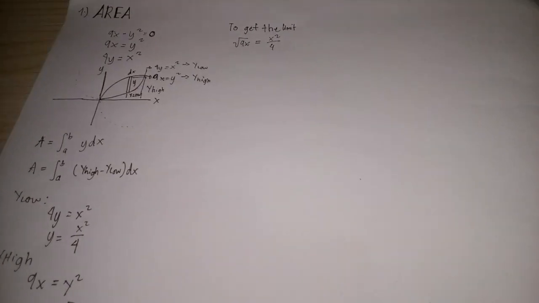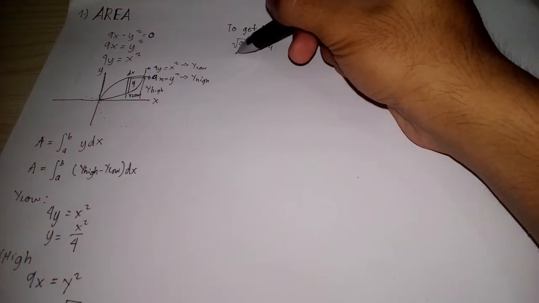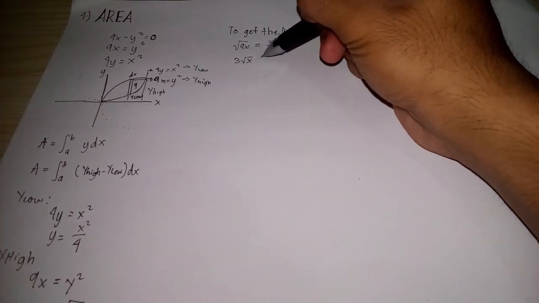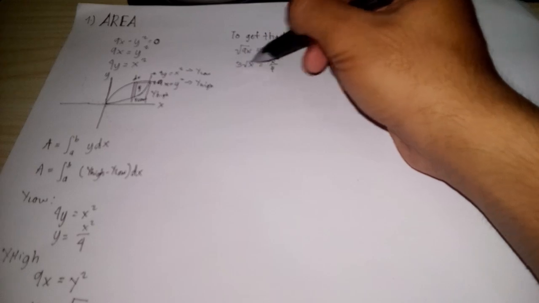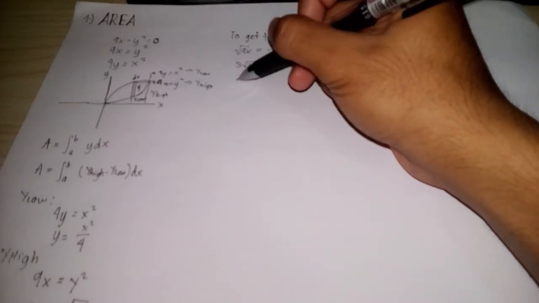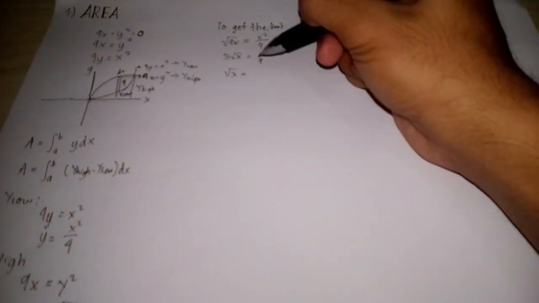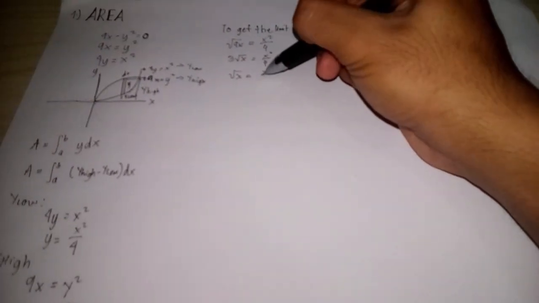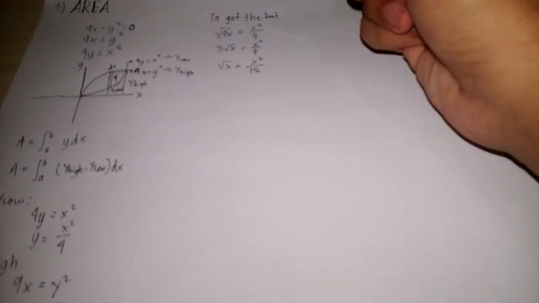So equating that, now we will get 3 square root of x is equals to x squared over 4. So dividing it by 3, we'll get square root of x is equal to x squared. So 3 times 4, this will become now 12.